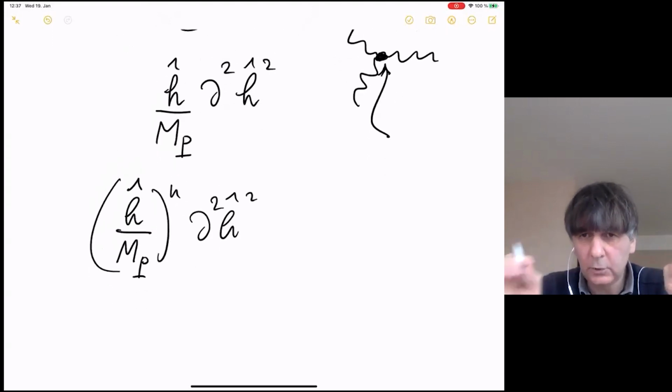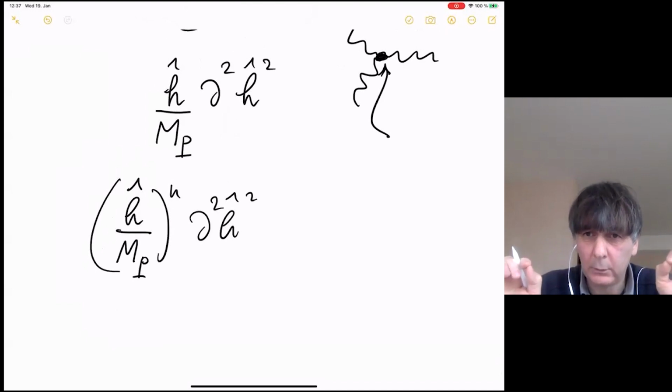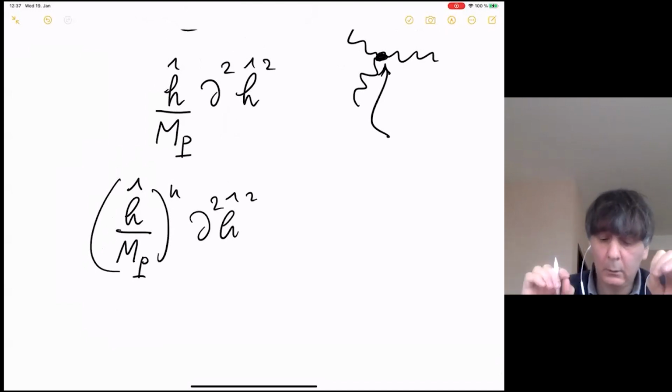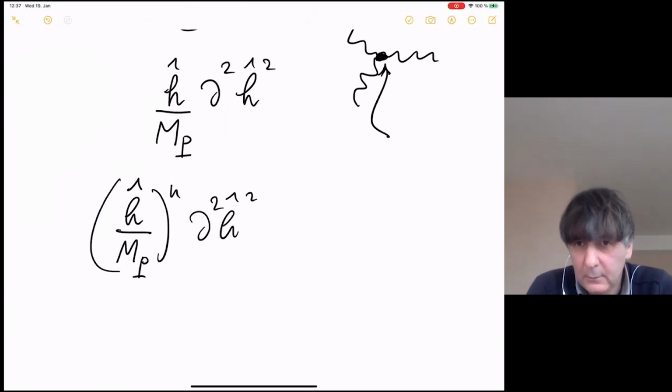Now we are in a position to define a quantum coupling of the graviton. Why? Because of the difference between Planck mass and Newton's constant, and the difference between Planck length and Newton's constant, as we said, which is the reason why Planck mass enters here. Of course, in units where h bar equals 1, it's the same thing.